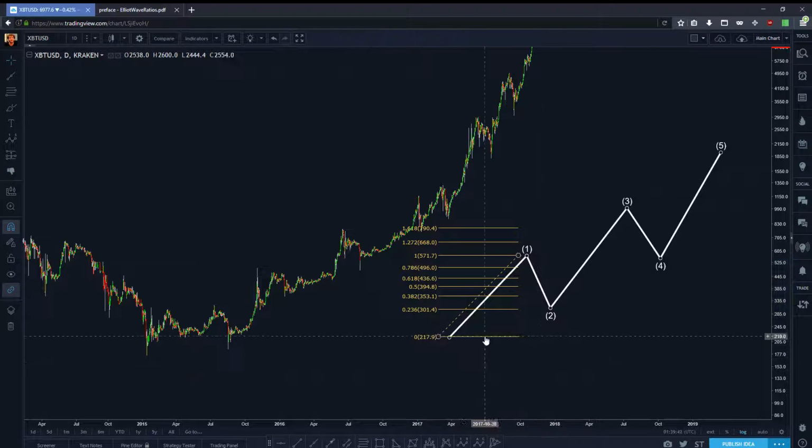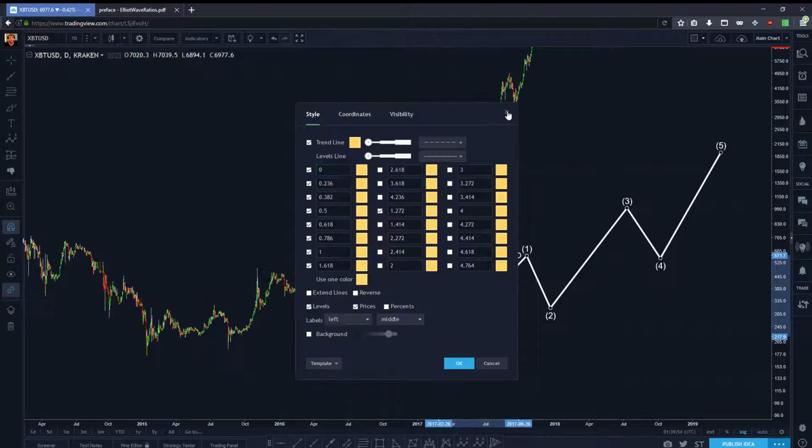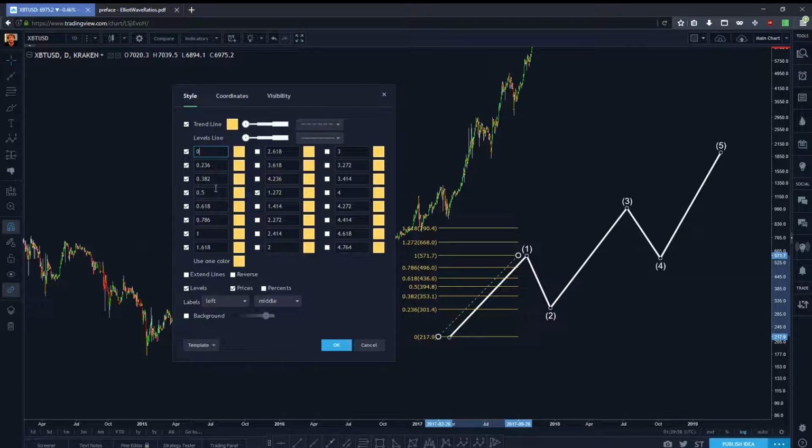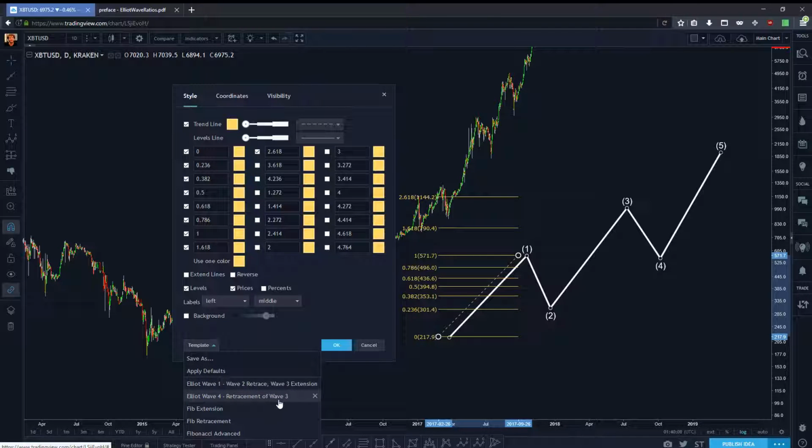So the 0 should be at the bottom and the 1 should be at the top. And this gives us extension levels, and if we double click on our fib, we get the settings for it, and we can enable some if we need them, or we can disable them if we don't want them right now. I have a group of presets actually, and there's a few ways to simplify things once you get the hang of it, so I'll maybe show these in a different video.